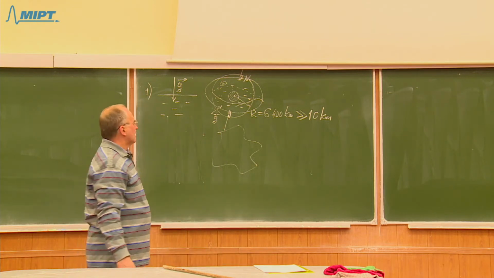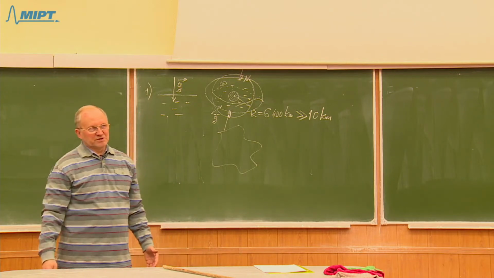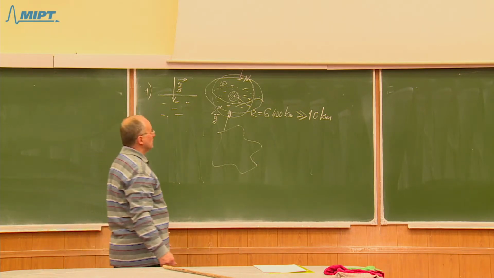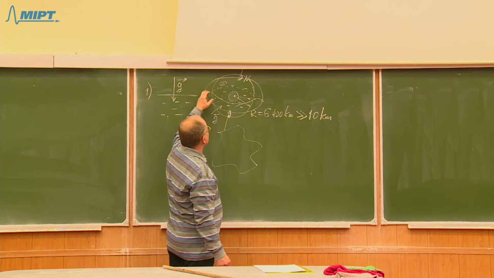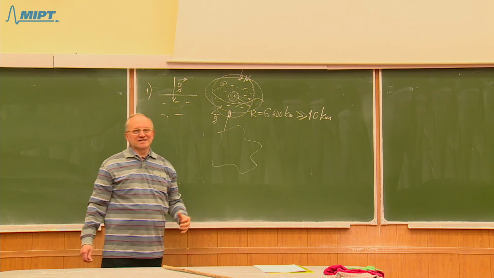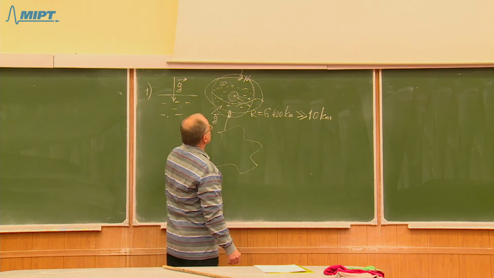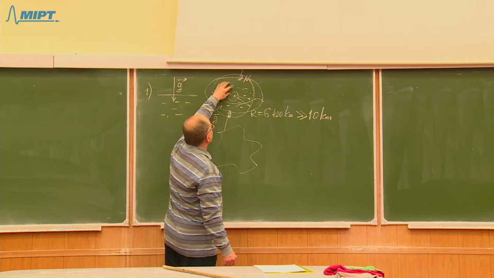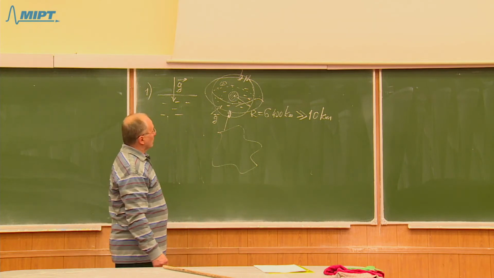So the planet is spherical as a first approximation, but this is not exactly a sphere. More strictly speaking, the planet is an ellipsoid of revolution, but this is not exactly so, because somewhere there are deviations from the ellipsoid of revolution, because the density of the planet is distributed unevenly through its volume.